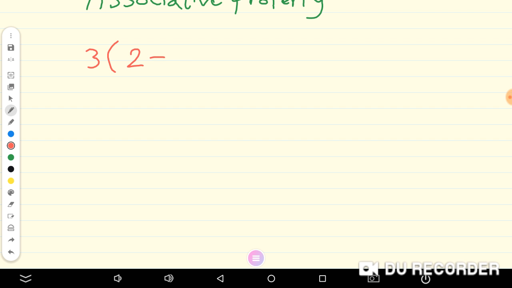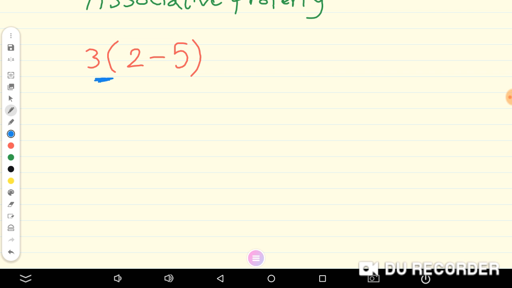Make it negative; we didn't use negatives before. 2 negative 5. What is the answer here? Actually, the relation between 3 and the bracket is nothing here. So it's what? Yes, it's multiply. Between a number and a bracket, if there is no operation, we consider it a multiplication directly.